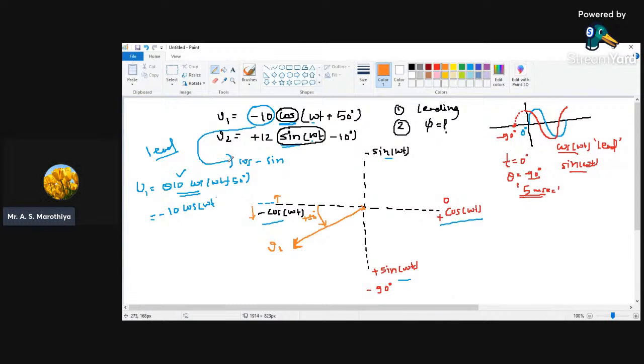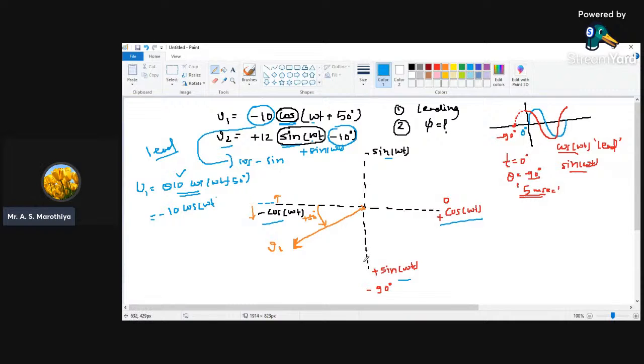In the same way, let us see V2. Now this V2 is plus 12 sine omega t. So simply it is nothing but plus sine of omega t. Now plus sine omega t is in the downward direction. This is plus sine omega t. And let us focus on this phase angle. The phase angle is minus 10. Minus 10 means with respect to this reference axis, it has to be clockwise.